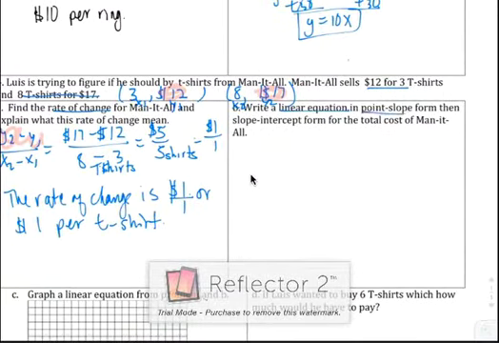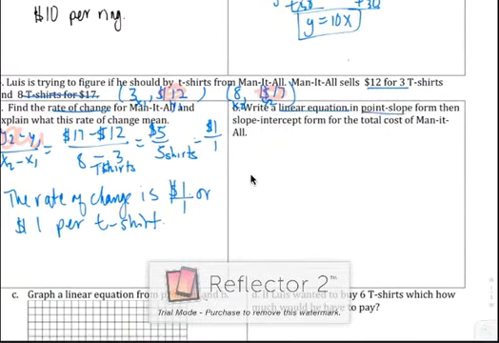So y minus 12 equals 1 times x minus 3. Add 12, add 12. Now this one, you don't have to write the 1, you just write x. This is 0, y equals x plus 9.